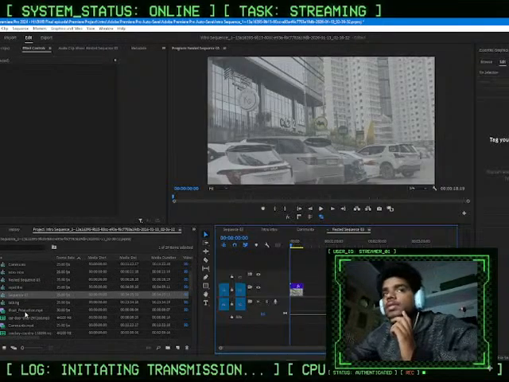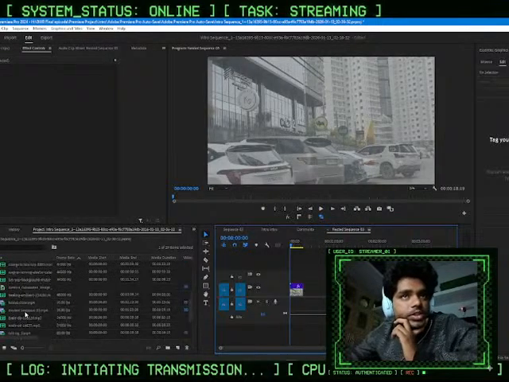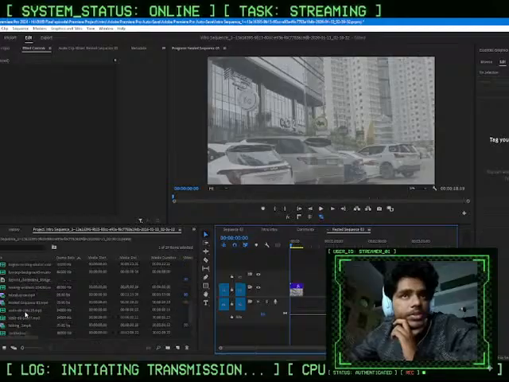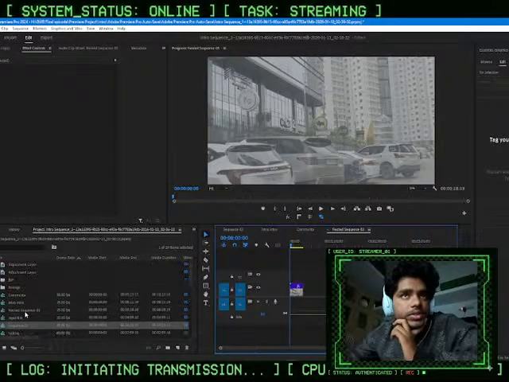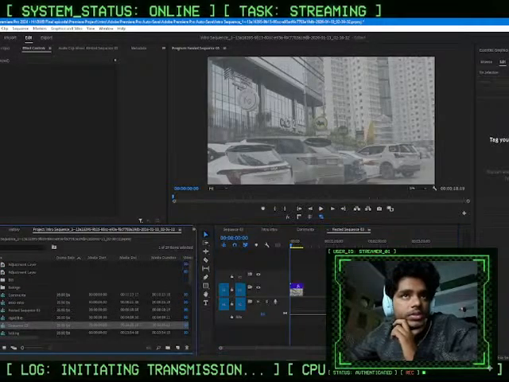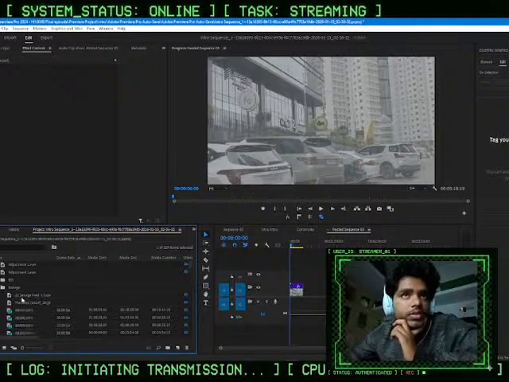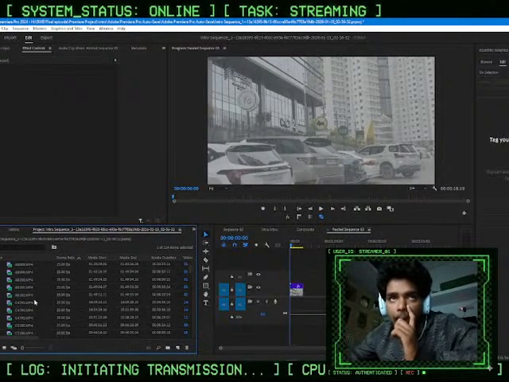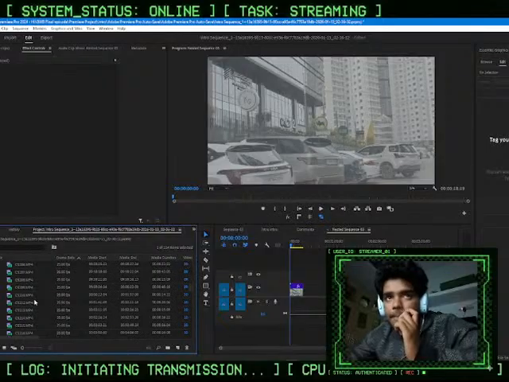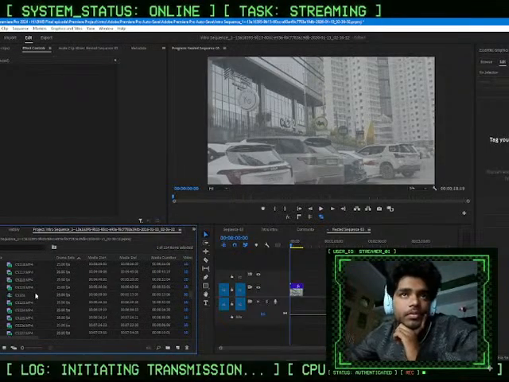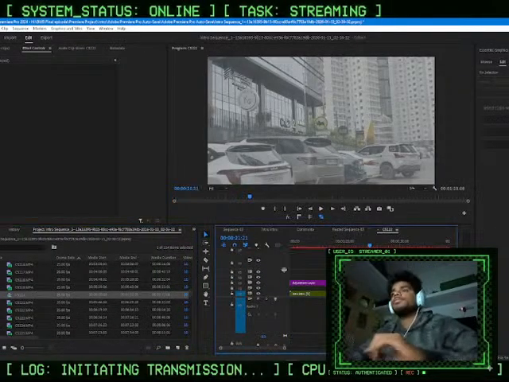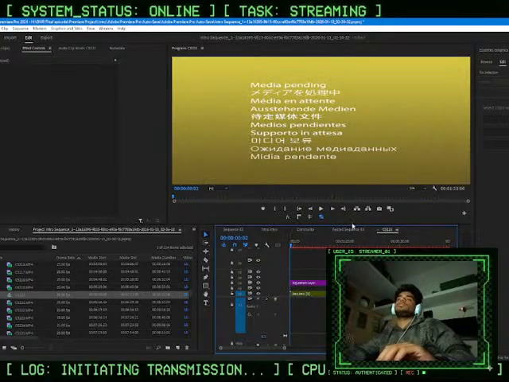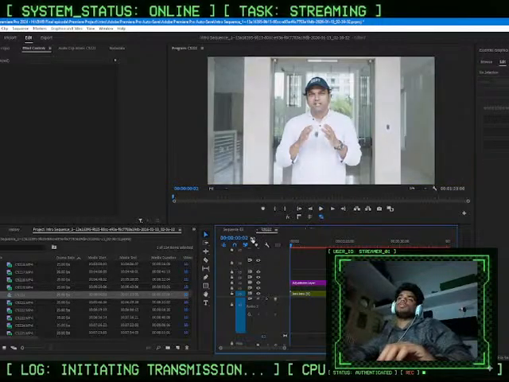What are the other sections? I might have missed something. Something is missing. I think footage. Found footage. What other sequences?